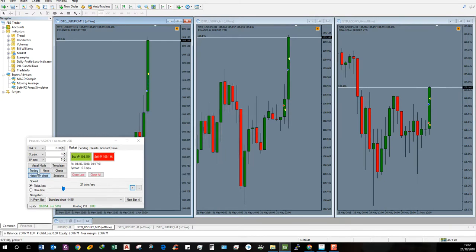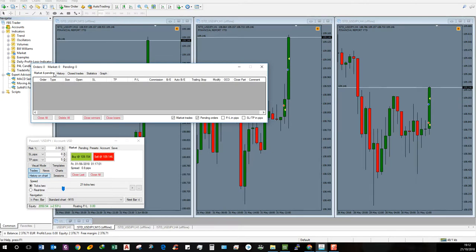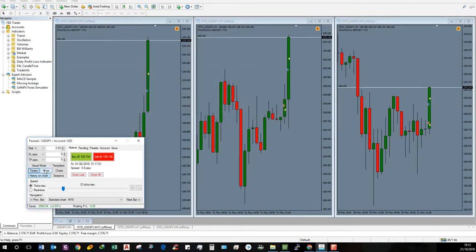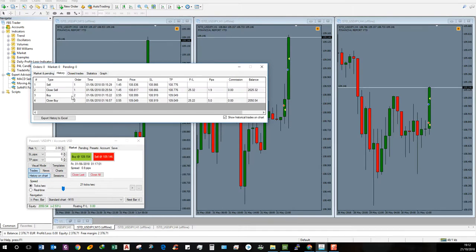Let's see. You can also access the historical data for your last trades right there. Okay, so when you press here trades, you have this window and you have history. Those are the 2 trades I've made already.